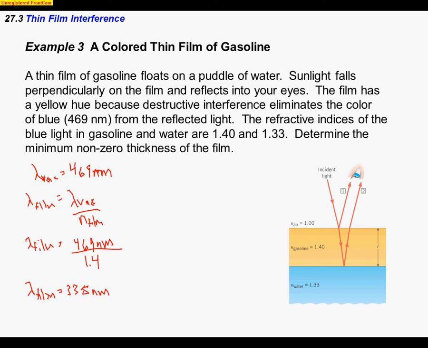Okay, so now we need to figure out, what are we trying to find? We're supposed to find the minimum non-zero thickness of the film. So we know that for destructive interference, the extra path distance traveled by the second ray is going to be 2 times the thickness of the gasoline layer.